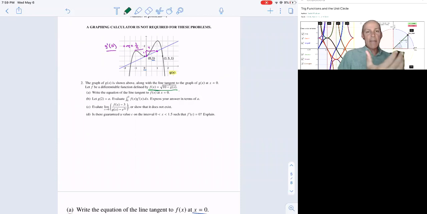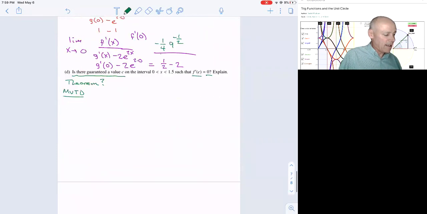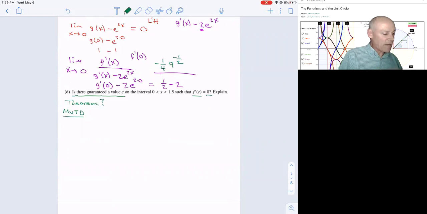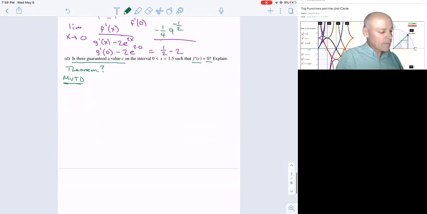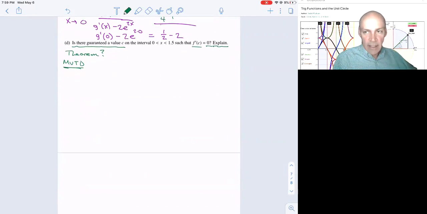If part D had just said, is there guaranteed a value C on the interval 0 to 1.5 such that f at C is equal to 0, I'd be thinking IVT, intermediate value theorem. But because it's the function and its derivative, one step away like that, I'm pretty sure it's MVT for derivatives. If that's the case, I'm going to start my explanation with the conditions being met.